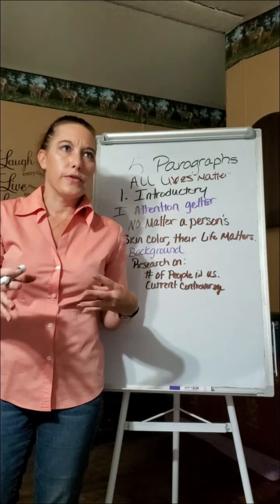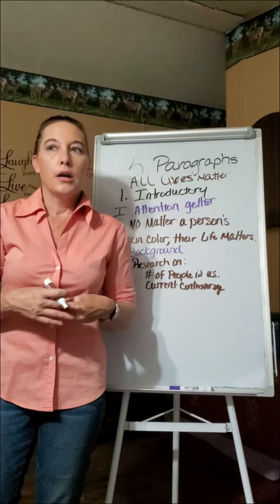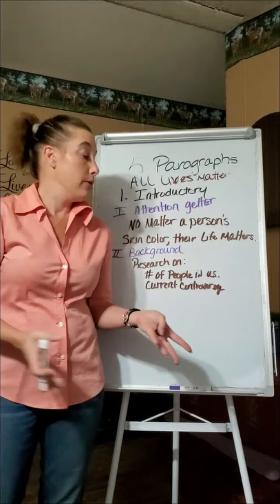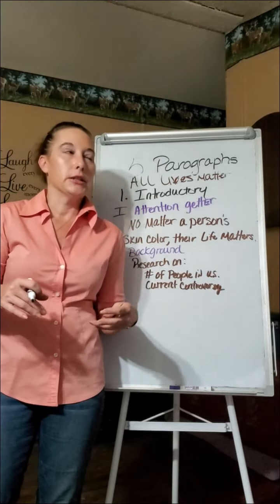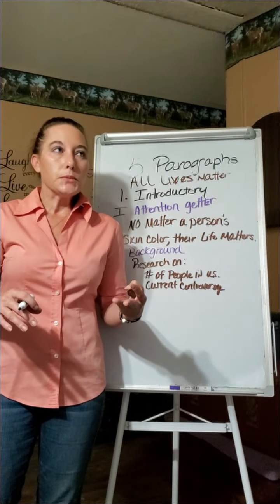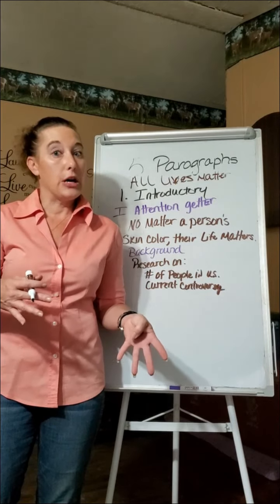Why there is a controversy into what matters more. And I guess you can throw in the whole idea of blue lives matter, because it is part of the controversy.